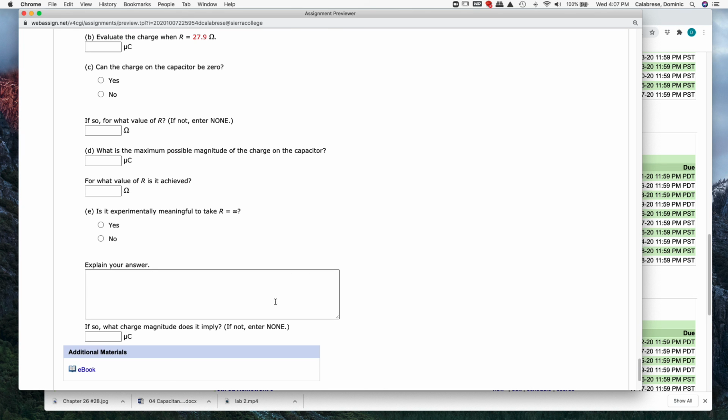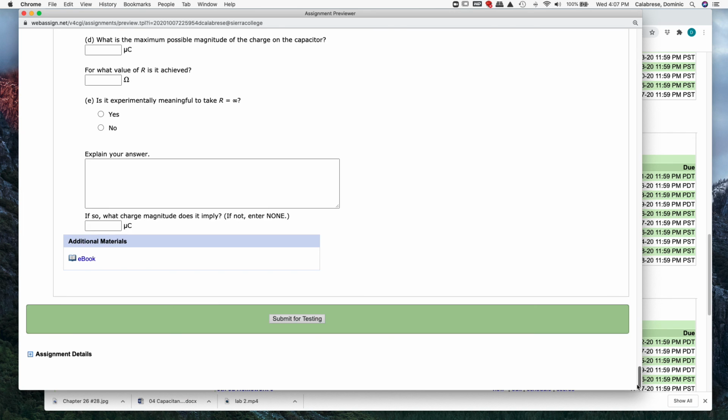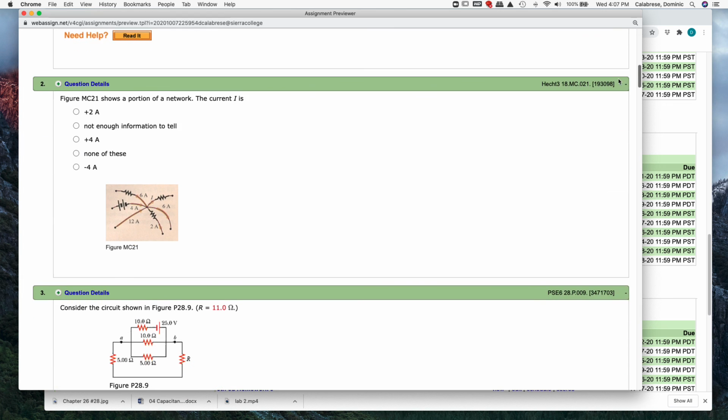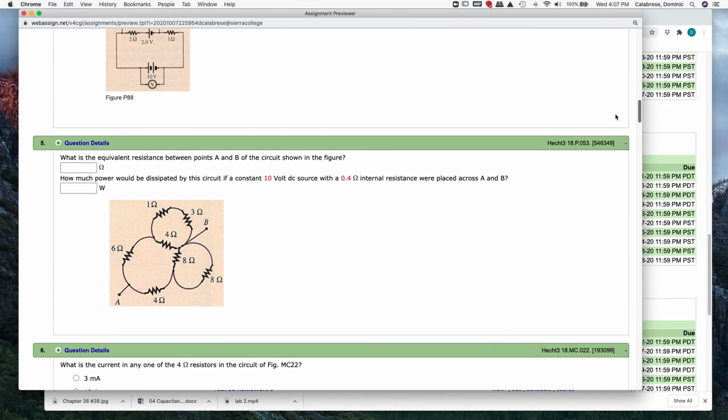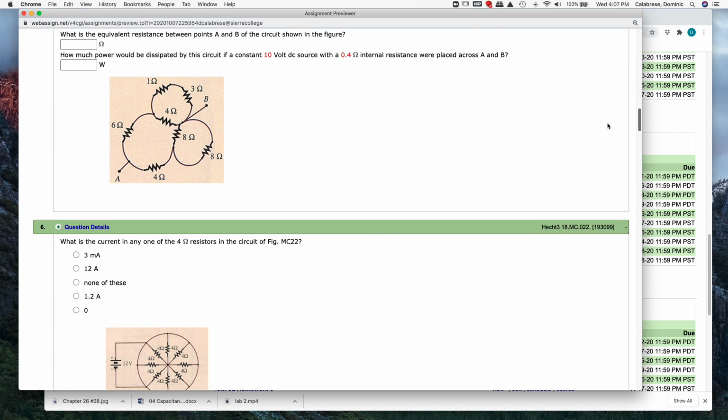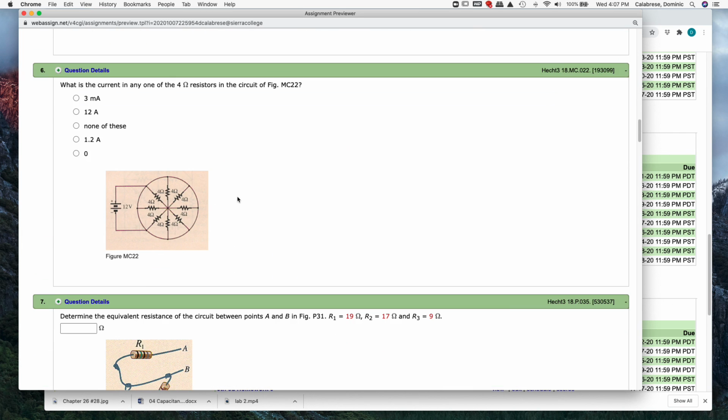If you just put yes in here, it should give you credit. But a lot of these other ones are fairly straightforward. And I think on your conceptual questions for Unit 2, I actually have this question in there.